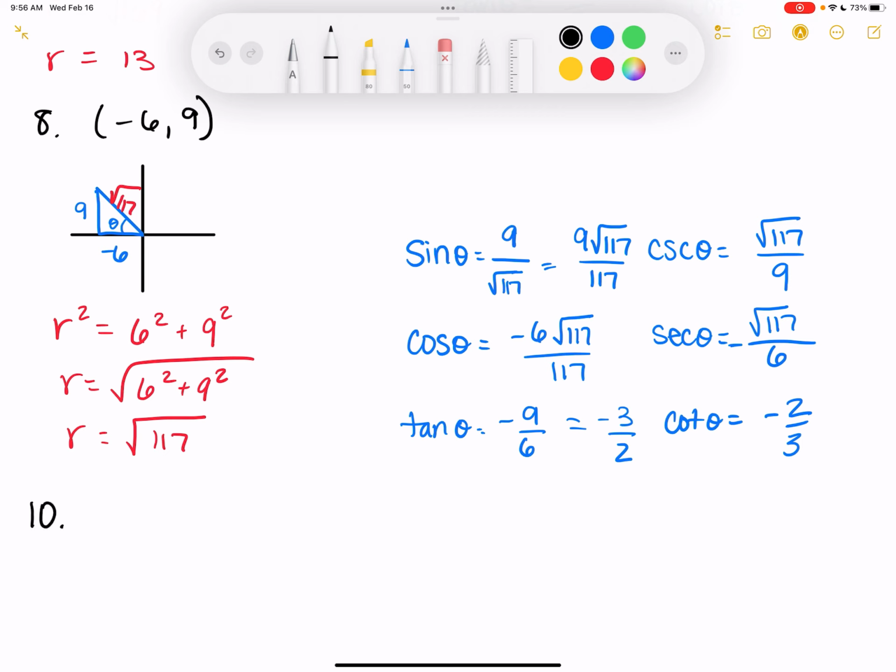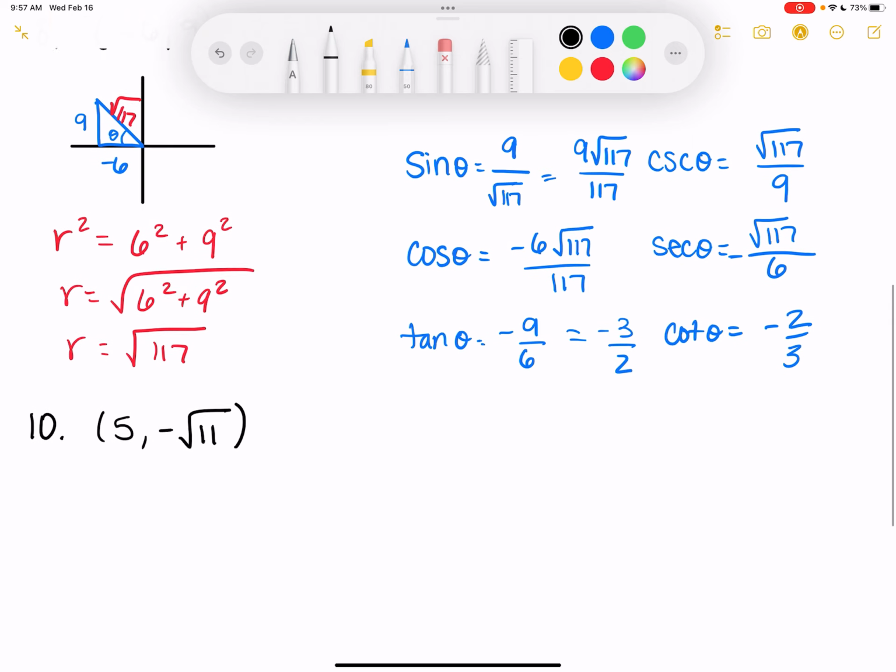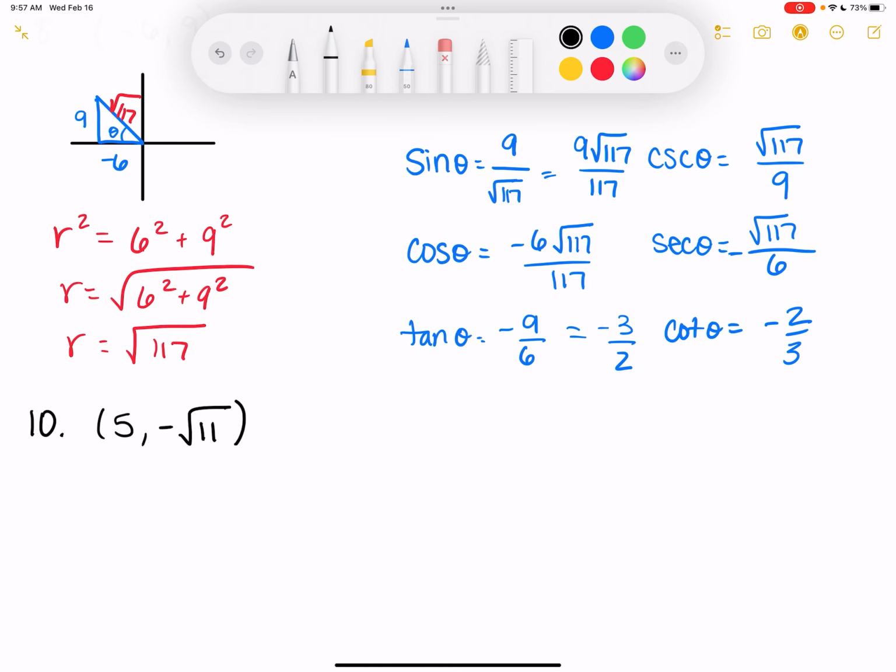All right, we'll do one more of this type. Number 10, the point 5 and negative square root of 11. Where's this one going to be?